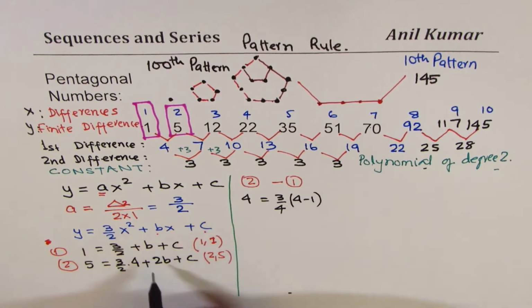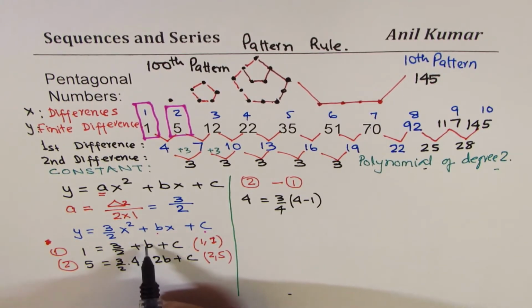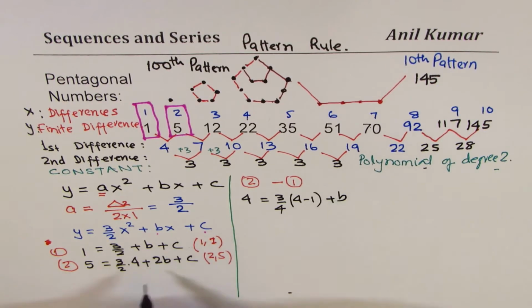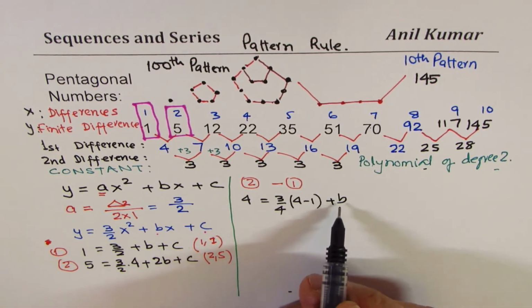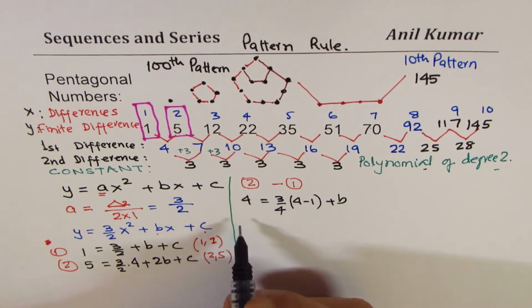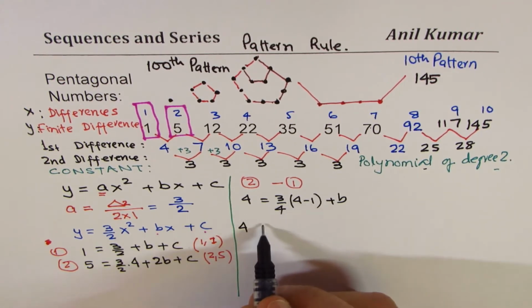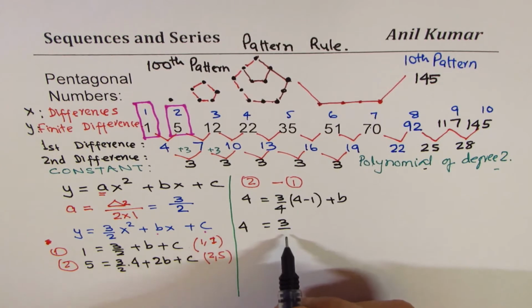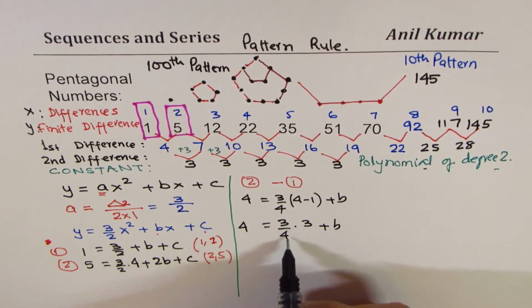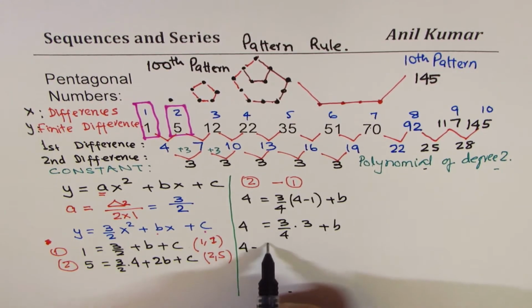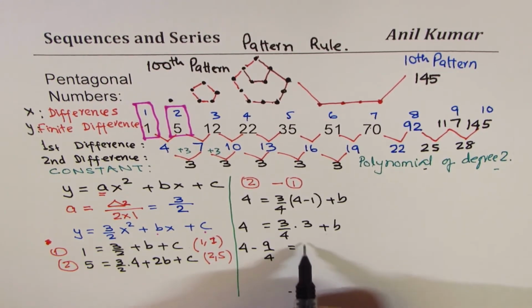And here we have 2b minus b, which is just b, and c minus c is 0. Correct? So what do I get? I get the value of b. I have 4 on this side, and then I have 3 over 2 times 3 plus b, which is 9 over 2. So I do 4 minus 9 over 2 to get the value of b.